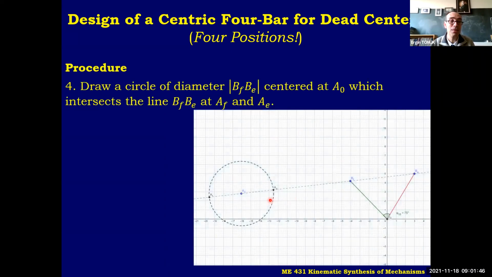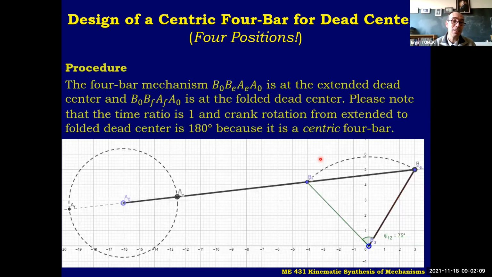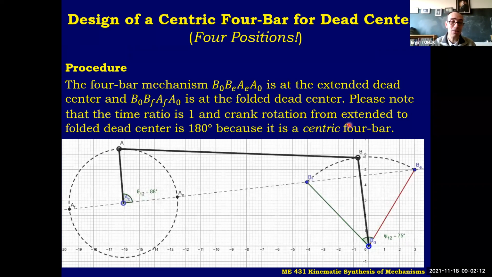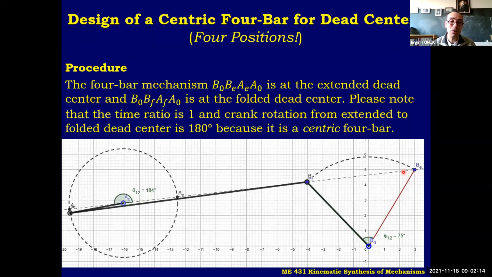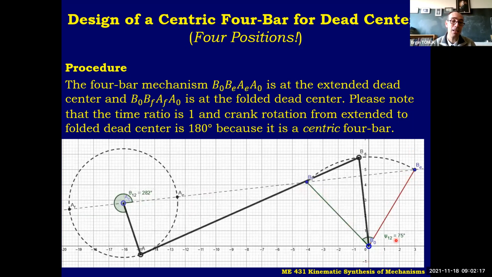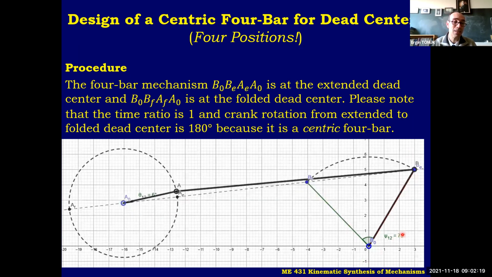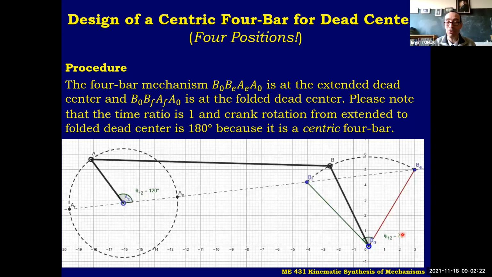That's my circle. This is the extended dead center because that was extended, and this is the folded dead center. So the final thing I would do is draw the mechanism and run it to see how it's working, what the transmission angles are, etc. I didn't measure the transmission angle, but you could very easily measure these two angles and see if it's suitable or not.